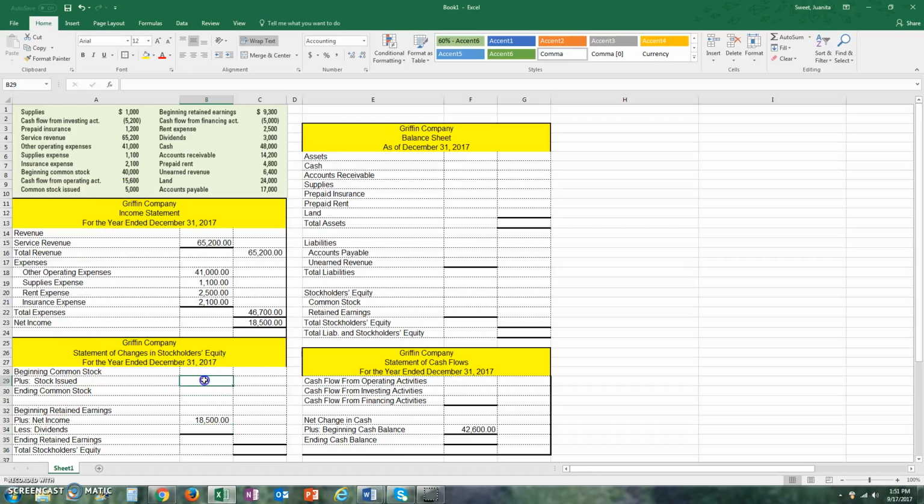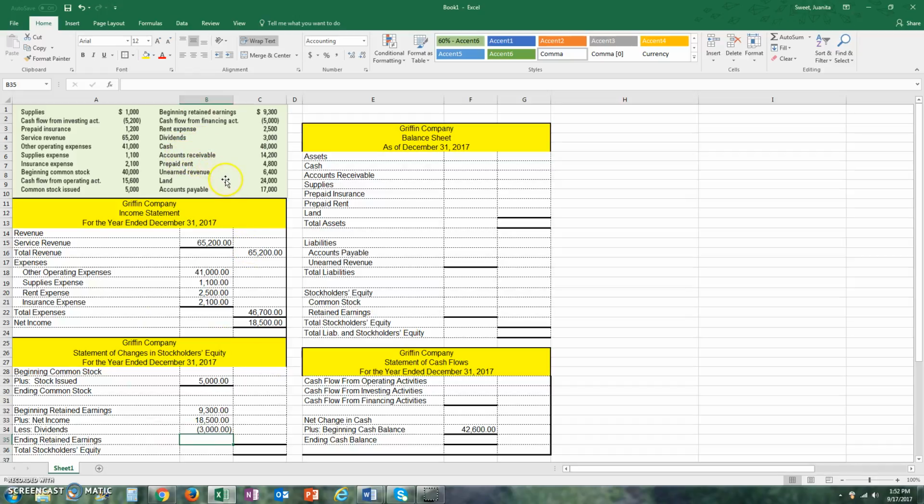So common stock issued would be $5,000 right here. Beginning retained earnings is $9,300. Put that in. Cash flow, don't need that. Rent expense, dividends, yep, dividends will come into play here. They're going to be a subtraction in the equation because it says less dividends. So even though it's a positive number, I am subtracting it.